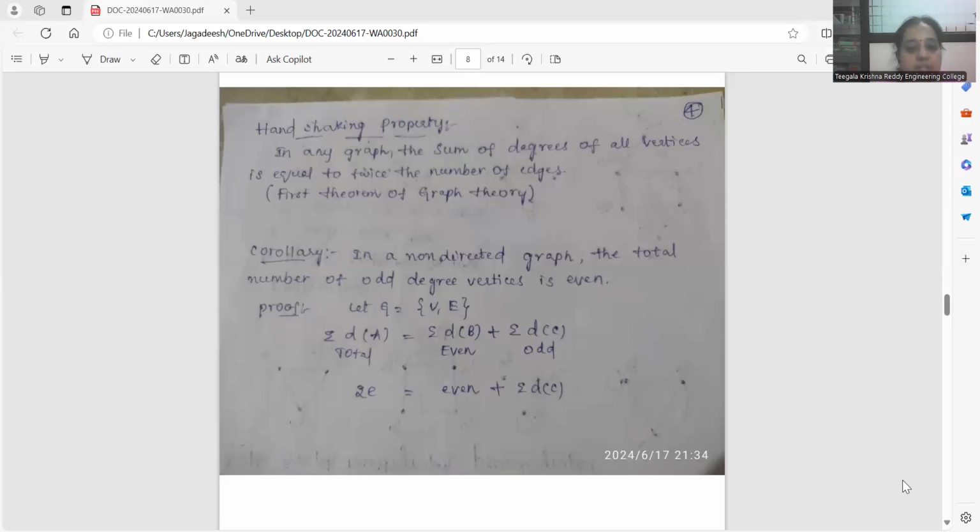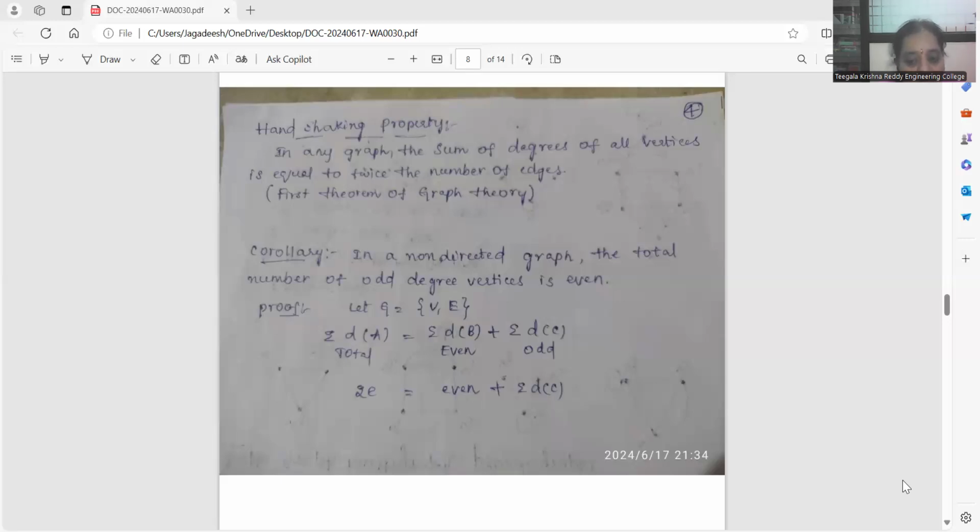So, according to the handshaking property, on the left hand side we have twice the number of edges. So that is equal to what? Even. The even degree sum is already even, because every vertex is counted twice, and multiplied by 2 is even, obviously. So here, the odd degree vertices.